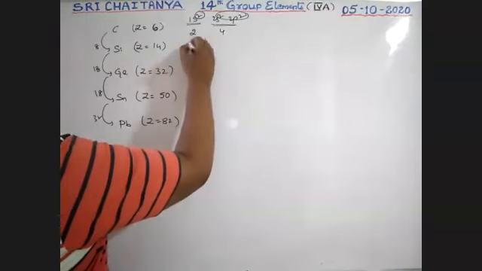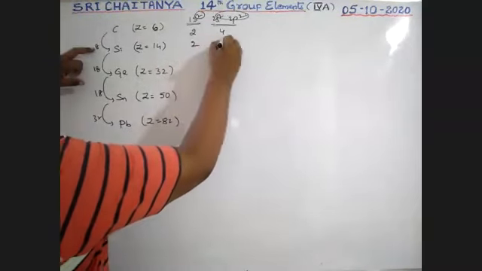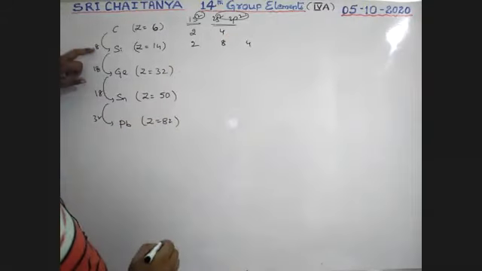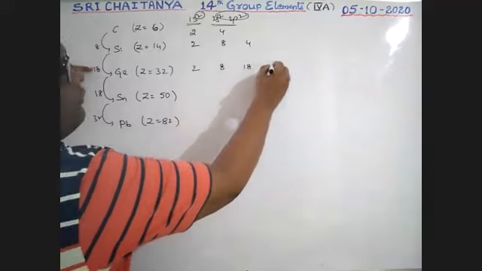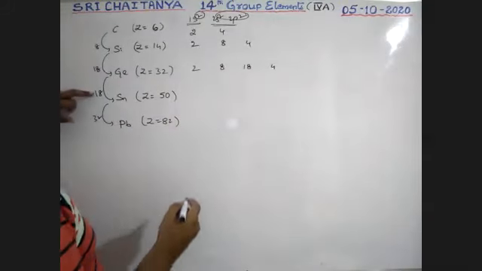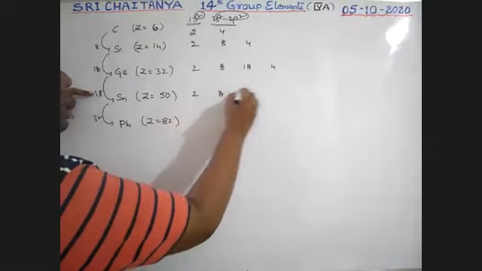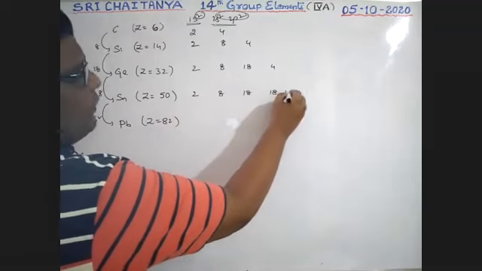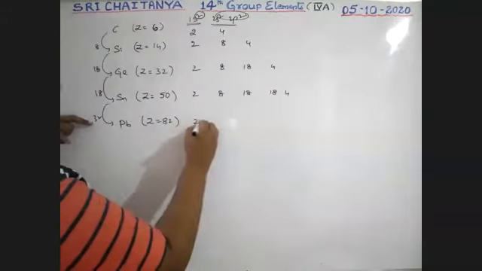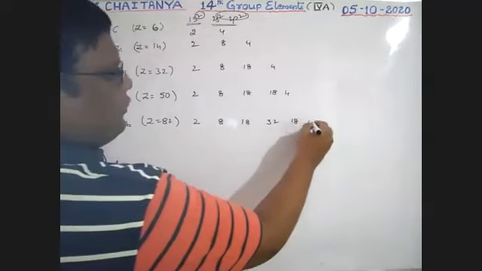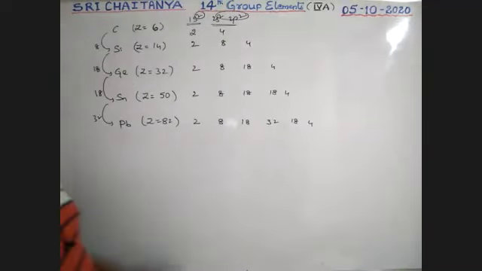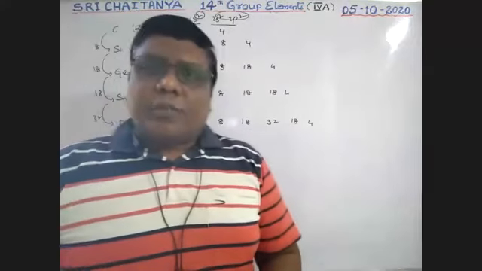Next, add 8: 2, 8, 4. Next, 18: 2, 8, 18, 4. Next, 18: 2, 8, 18, 18, 4. Then 32: 2, 8, 18, 32, 18, 4. So these are the numbers of electrons in those particular orbits.